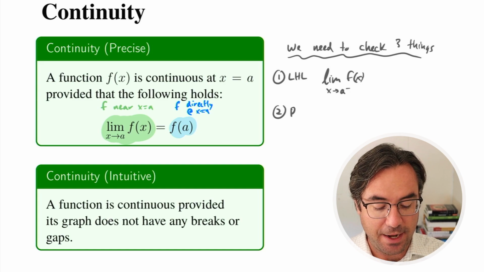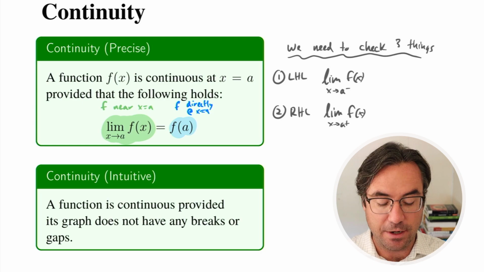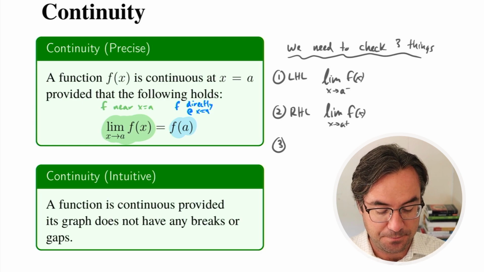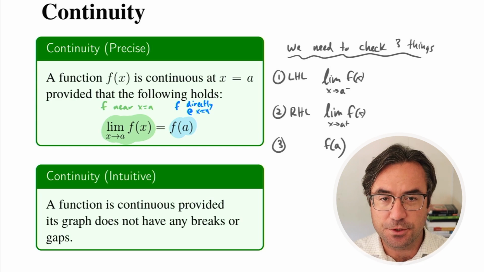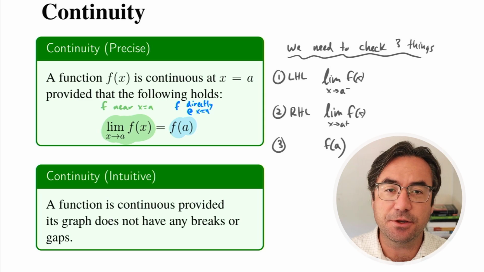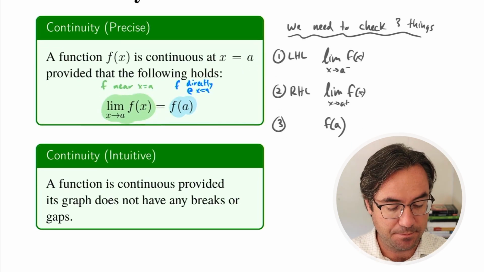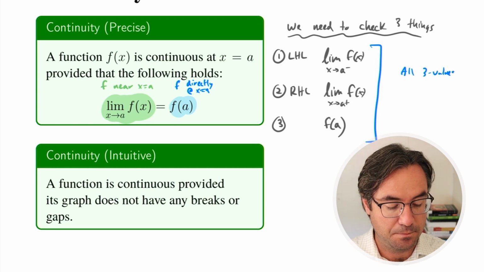We're going to calculate the right-hand limit of our function. And then we're going to calculate our function value directly at x equals a. In order for it to be continuous, these three values that we calculate all have to be the same. They all must match up.